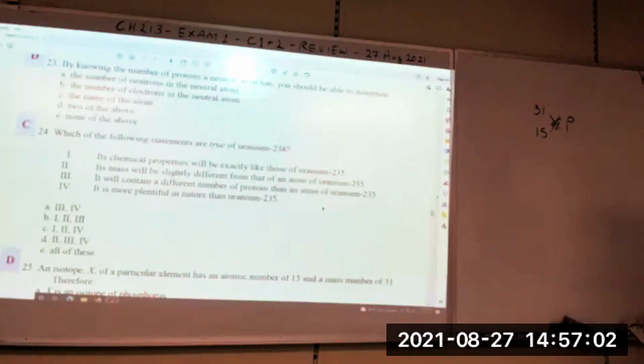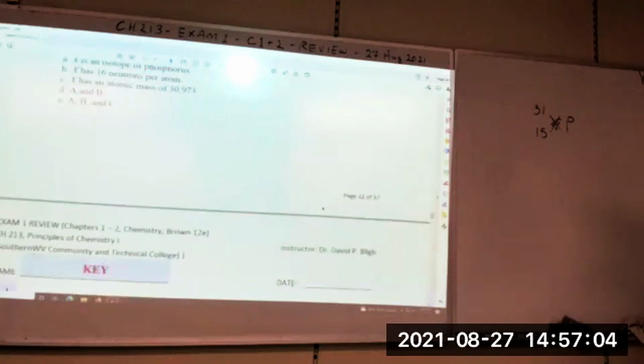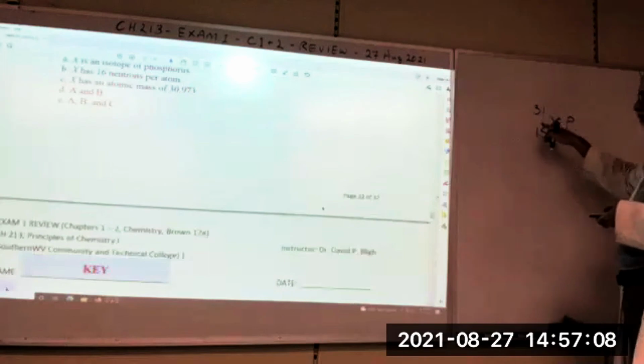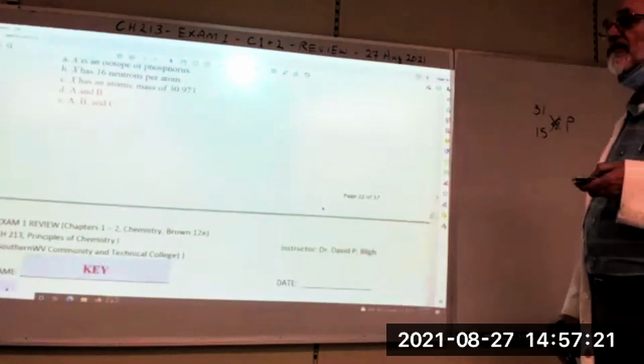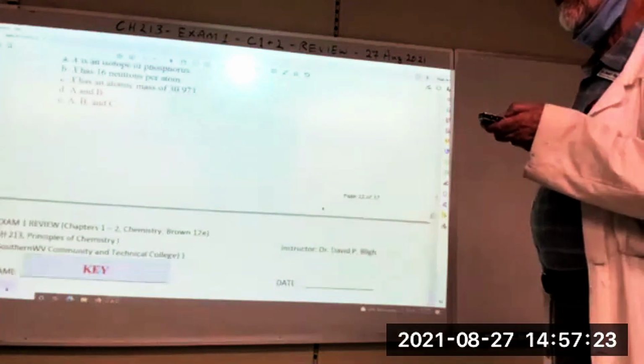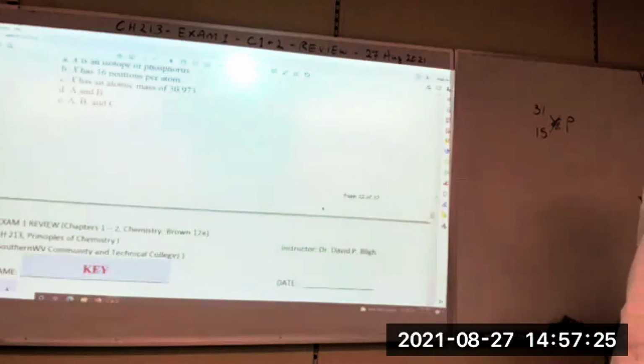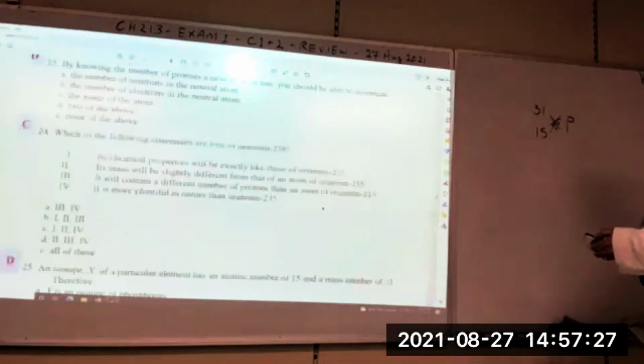That's true. X has 16 neutrons. Yep, 15 from 31 is 16. X has an atomic mass of 30.973. Well, we can't tell that from there. Can we tell it from the periodic table? Yep, as a matter of fact, we can. So is E the answer?